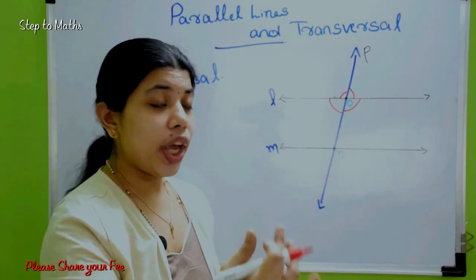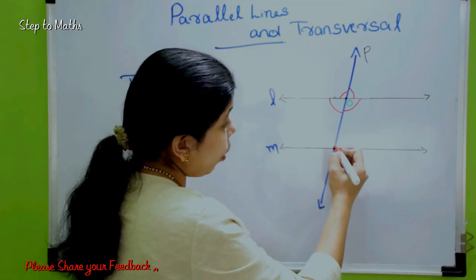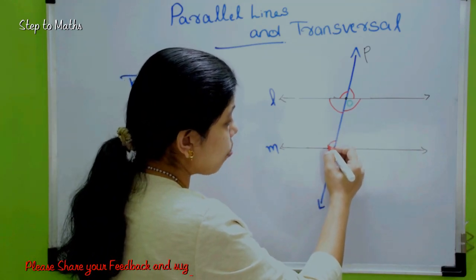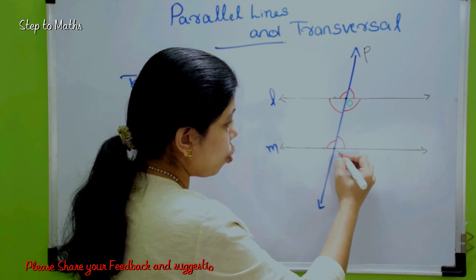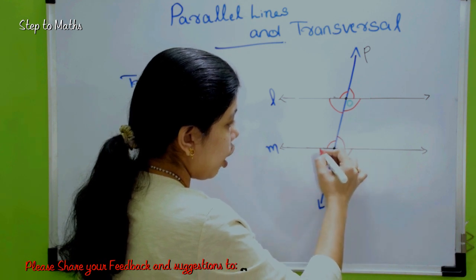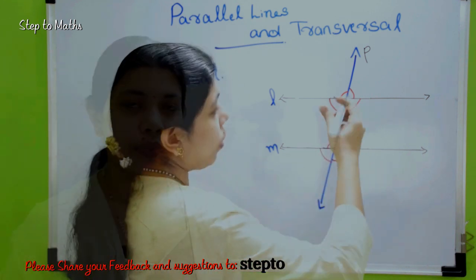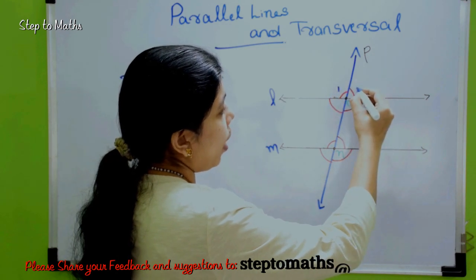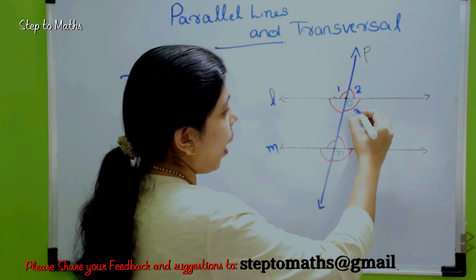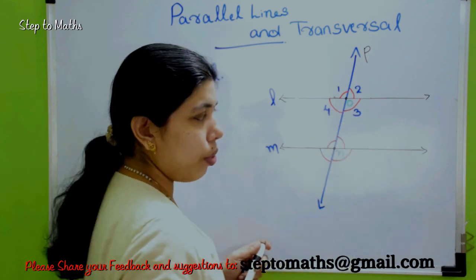In the same way, 4 other angles are made on this point also: angle 1, angle 2, angle 3, angle 4.